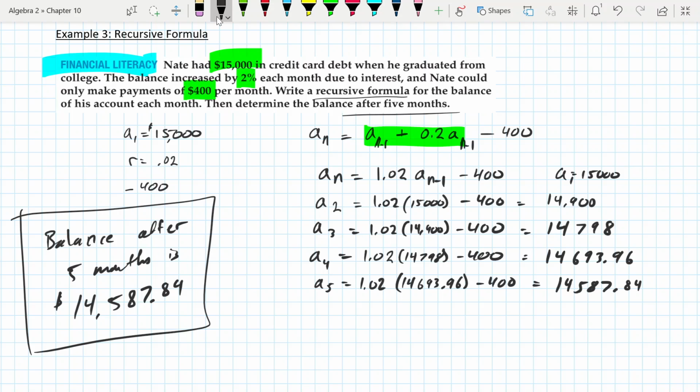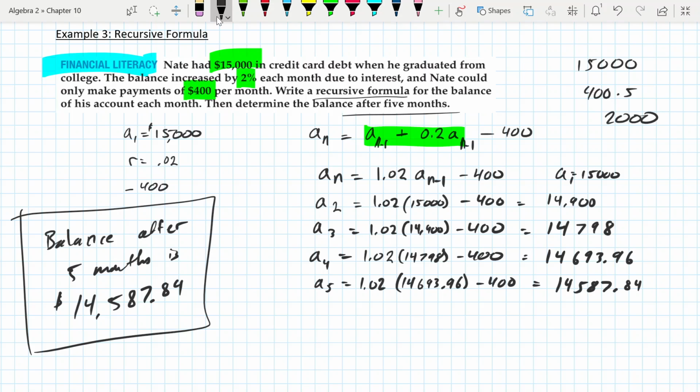Now, that's the problem, that's the work. Let's talk about understanding what that means. This kid had $15,000 in credit card debt. And for 5 months, he paid $400 a month. What's $400 times 5? Well, that's $2,000.